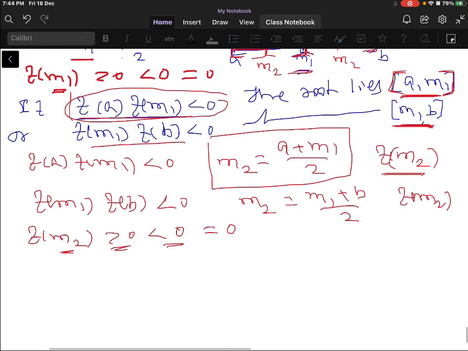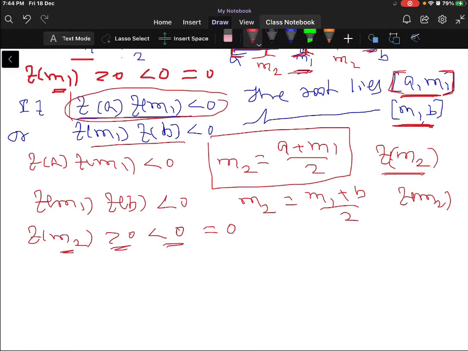Fine. So again there are two subintervals, that is a comma m2 and m2 comma m1.